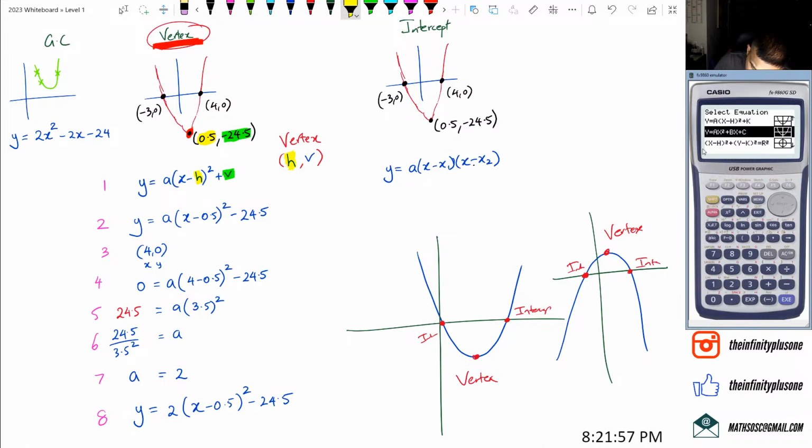So that's where the vertex is, and that's why it's called vertex form. You can see how I replaced the 0.5 with the h and negative 24.5 with the v. When I think about the vertex, there's the horizontal aspect and then there's the vertical aspect. So that's why I put that as h and v.